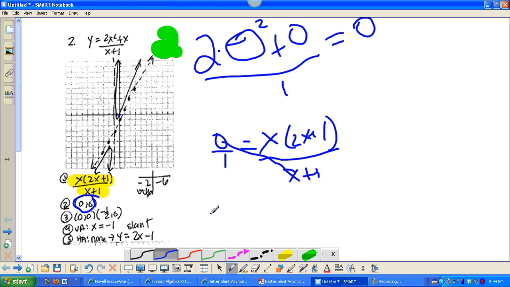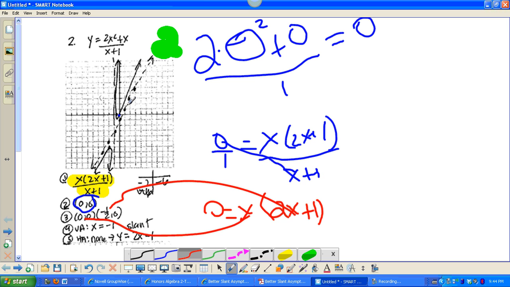This cross product right here is going to yield 0. So you have 0 is equal to x times 2x plus 1. And when you use the zero product property to set each of those equal to 0, this is where I get x is 0, and then this is where I get x is equal to negative 1/2. And those are plotted: (0, 0) right here, and negative 1/2 right there.